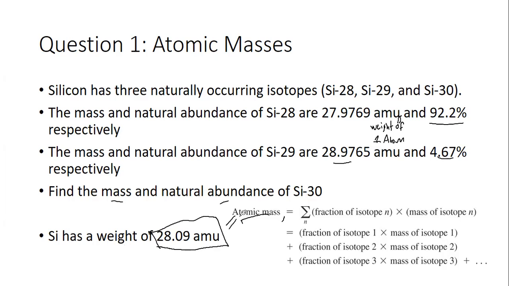So I'm saying the atomic mass of silicon is 28.09. Tell me the abundance and the mass of isotope silicon 30. All right. So I'm going to give people a couple minutes to try this. If you get stuck, not sure, let me know. But please do see if you can figure this out. So yeah, let's get to work.